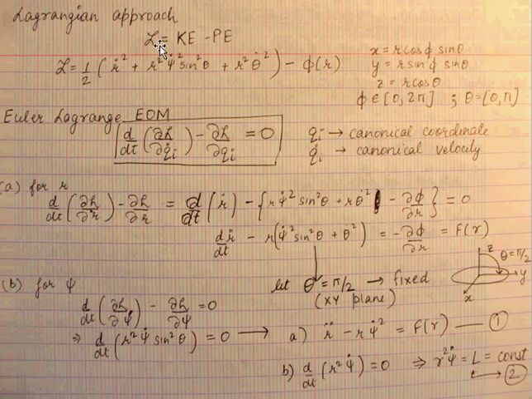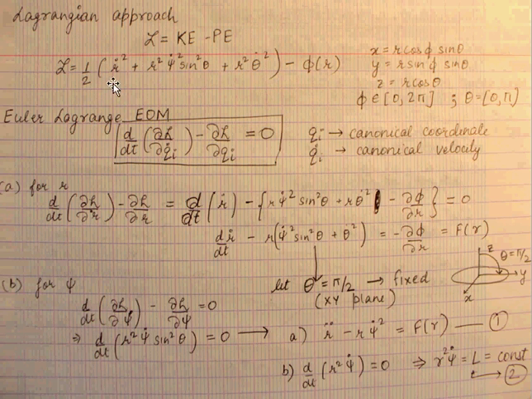So we know that the Lagrangian in a coordinate system is given by the canonical kinetic energy minus the canonical potential energy. By canonical, I basically mean how the potential energy or the kinetic energy is defined in that coordinate. So in spherical coordinates, the kinetic energy is this term over here in the bracket.